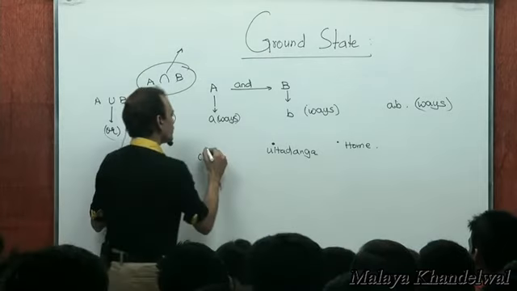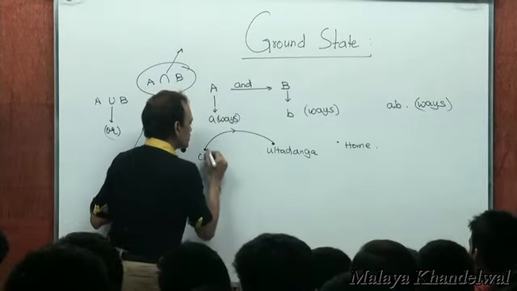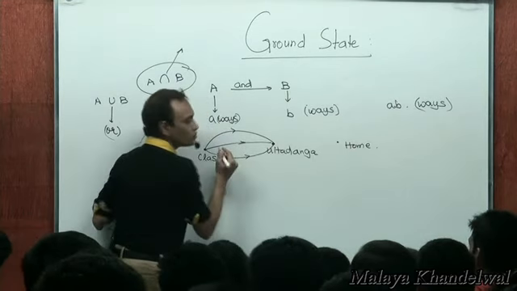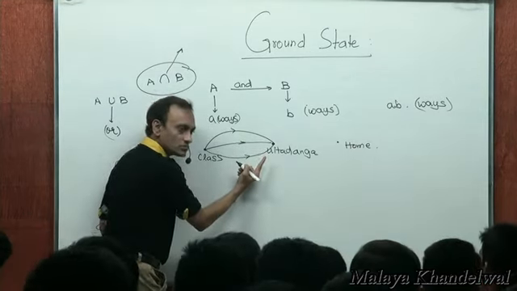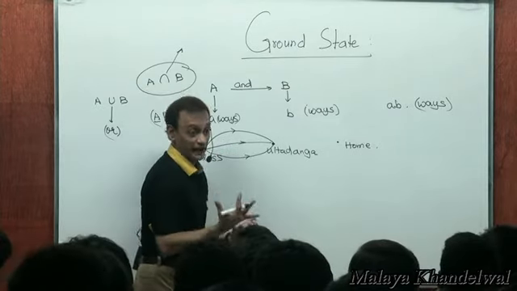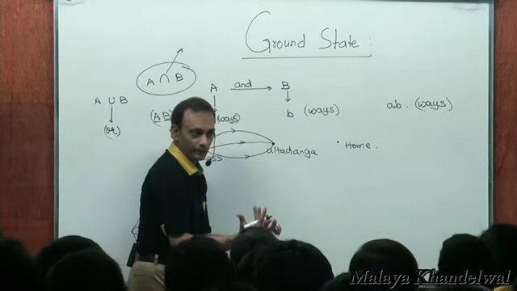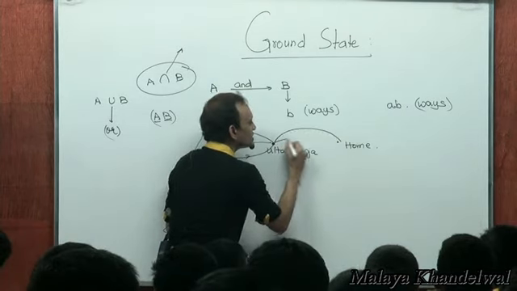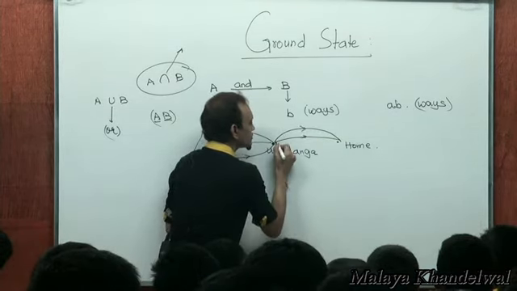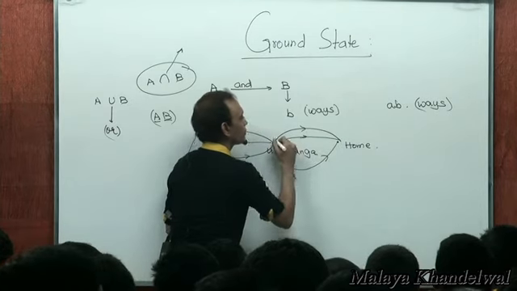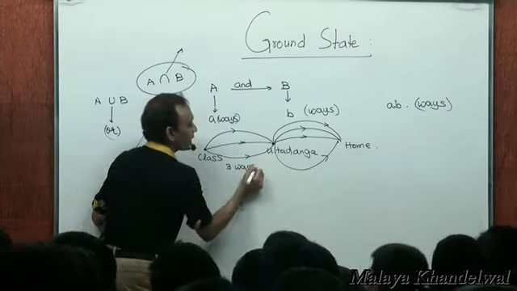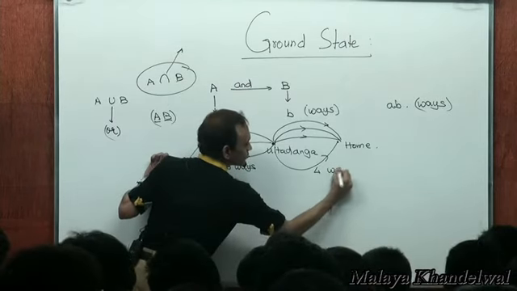And there are, say, 3 ways you could have gone to Ultadanga from the class. So that's event A. Going to Ultadanga is event A. And then from Ultadanga to home, say suppose there are 4 ways. These are 3 ways and these are 4 ways.